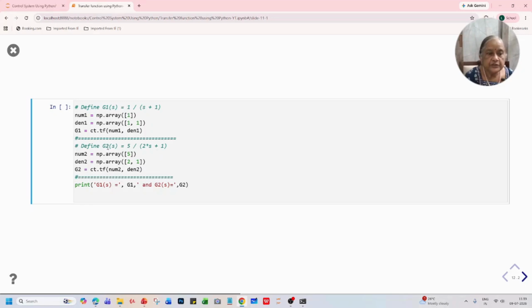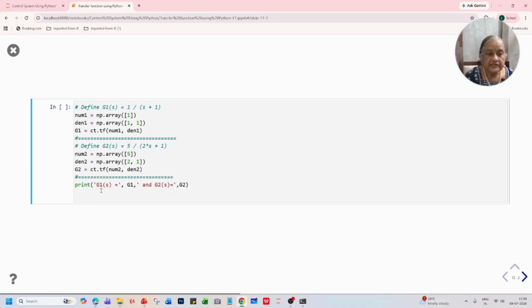Similarly, define G2 which is given as 5 divided by 2s plus 1. So the numerator constitutes a single element 5, and denominator is 2, 1. So we designate the numerator and denominator arrays by numerator 2, denominator 2, and pass these two to construct the transfer function by ct.tf and designate it as G2.